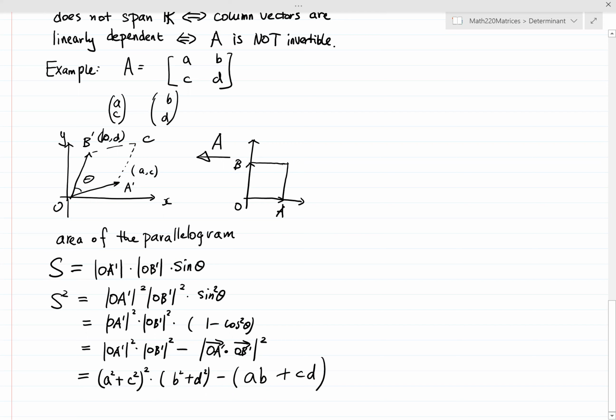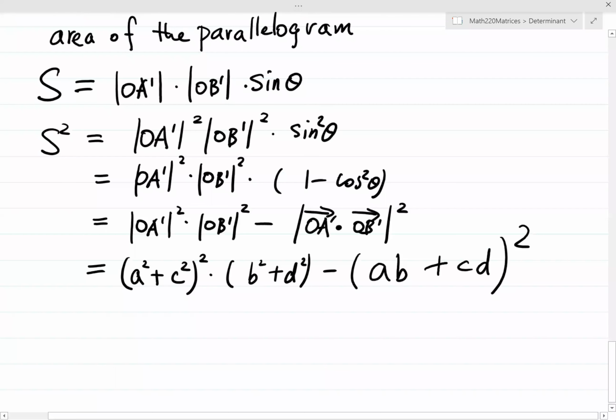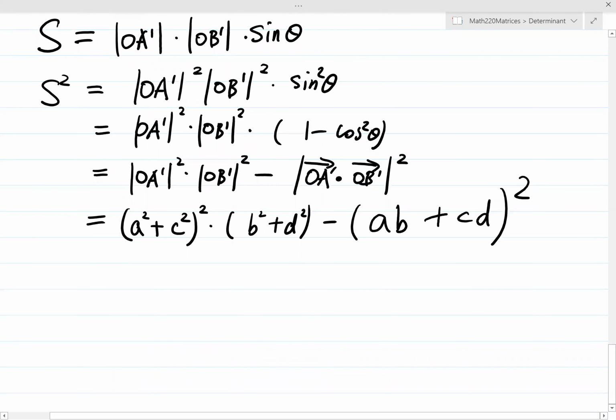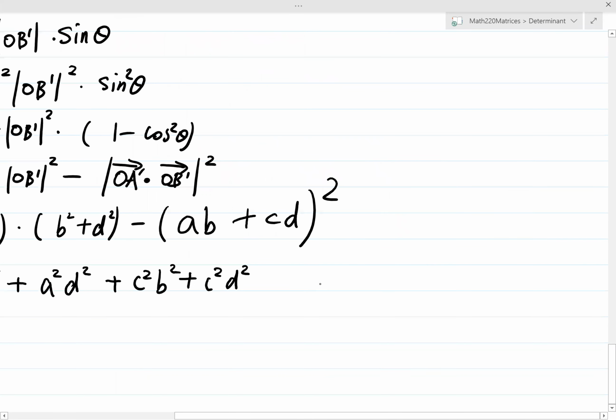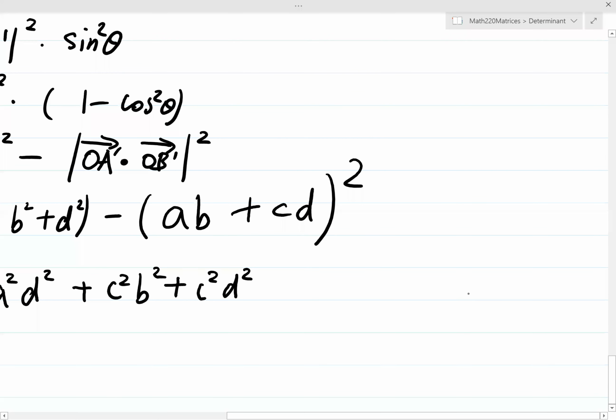Finally, if you work out the algebra, this will be A squared B squared plus A squared D squared plus C squared B squared plus C squared D squared. Now the second term gives minus A squared B squared minus 2ABCD minus C squared D squared.